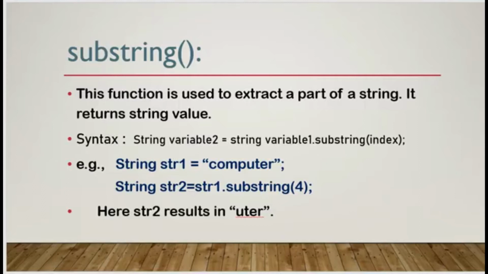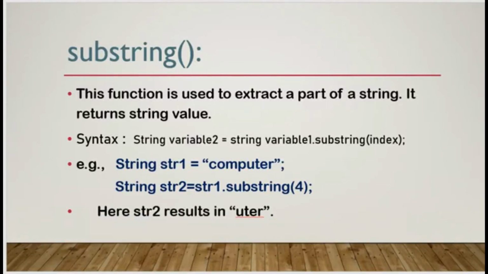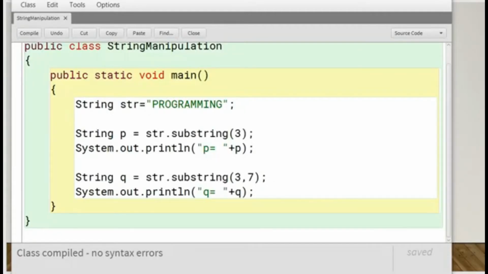So the function will return all the characters of the string starting from the 4th index, and if we calculate starting from index 0, at the 4th index we have the character u. So the function will return the characters u, t, e and r, these 4 characters from the string str1, and the result will get stored in the string str2.